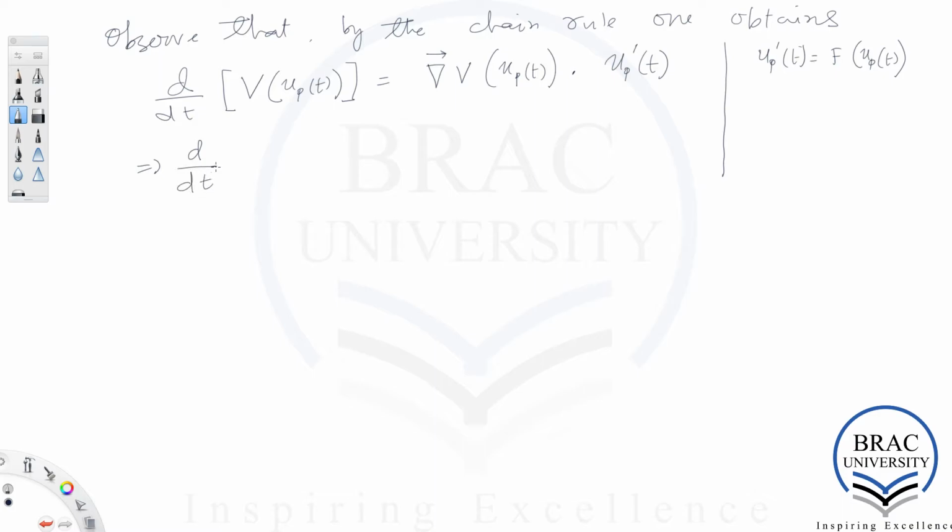So that we have d dt v of up of t is equal to gradient of v at up of t dot f of up of t. This is equation number 6.